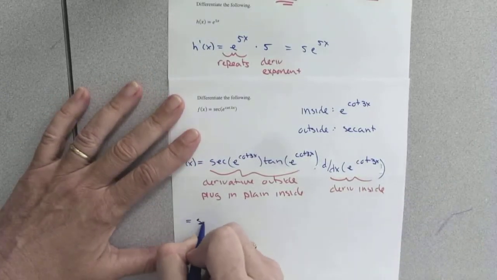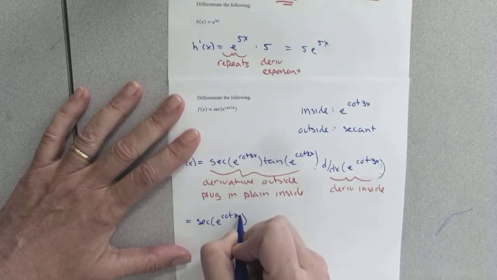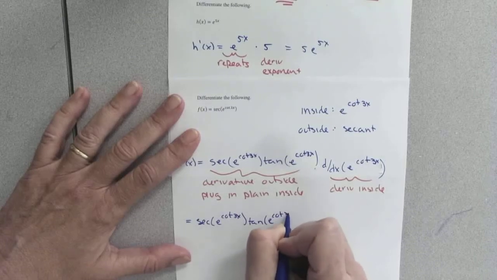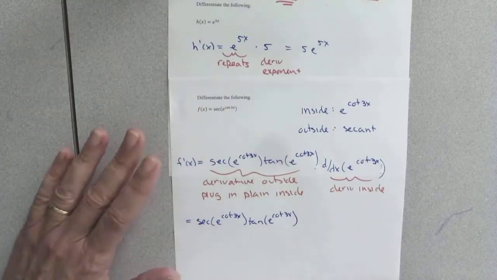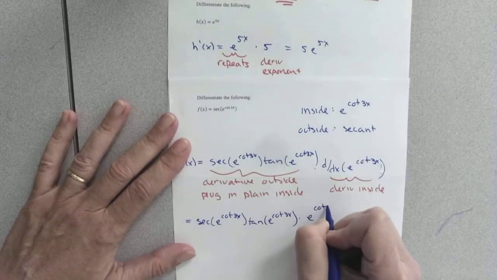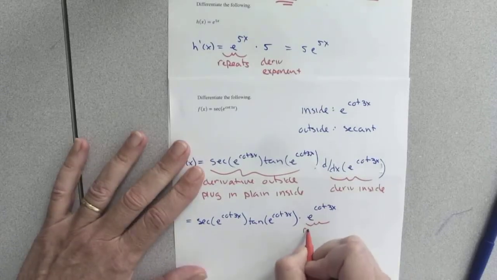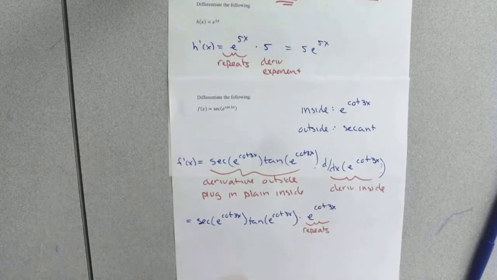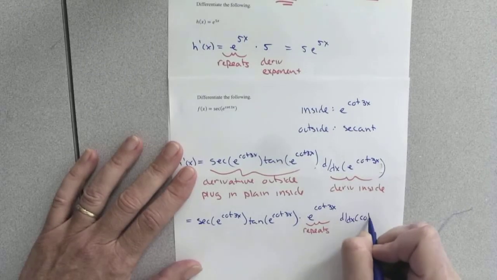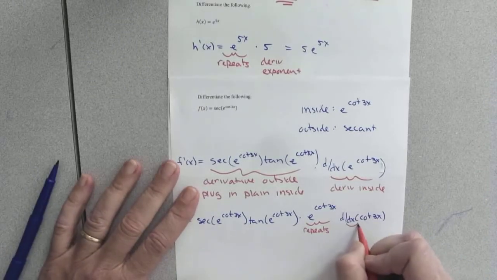Okay, so we are done with this first part, so I'll just write it down again. Then I get to the end there, and I use my words for e, which is it repeats, and then we'll do symbols and get the actual derivative on the next step.